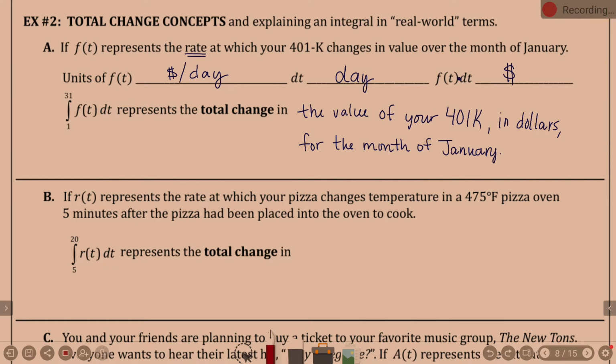What's that 5 to 20 mean? From 5 minutes to 20 minutes. Okay, from 5 minutes to 20 minutes. It's 5 minutes after the pizza has been placed in the oven, right? So from 5 minutes to 20 minutes.